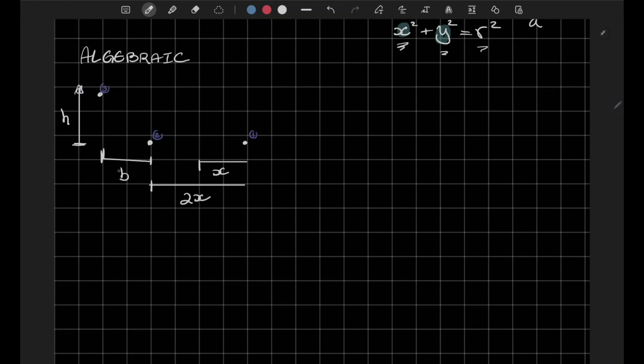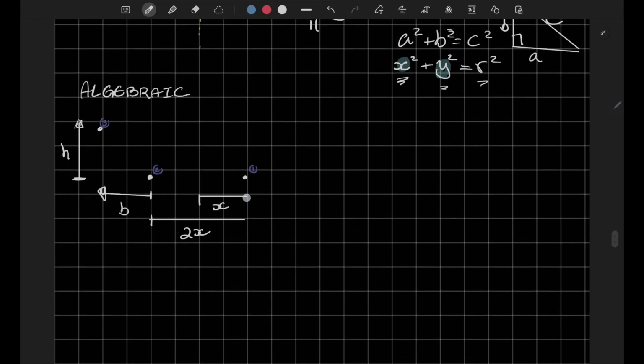And then we're going to have some b. Let b be positive, so it's going away from the center, away from our distance between 1 and 2. If it's negative, it'll be going in this direction. Okay.